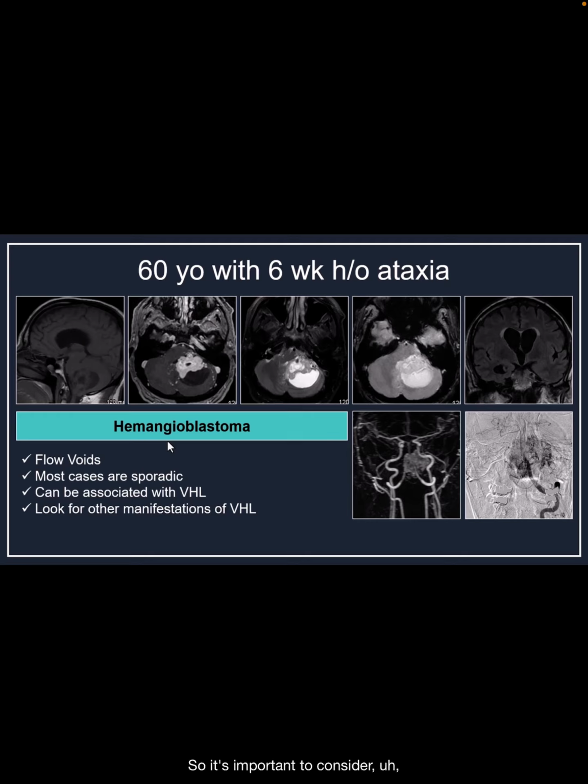So it's important to consider VHL on the differential diagnosis in a patient with a hemangioblastoma, or especially if you're considering one, and take a look for other hemangioblastomas within the upper cervical spinal cord that you potentially can get a glimpse of, and then look for lesions within the posterior fossa. For an endolymphatic sac tumor, you might be able to pick up on enlargement of the vestibular aqueduct in these individuals, so take a look for those additional clues.